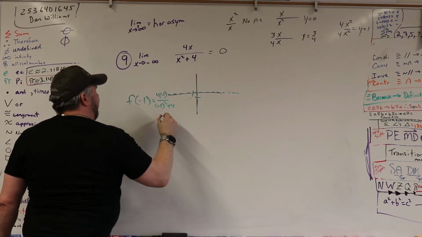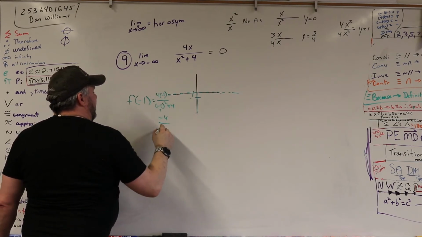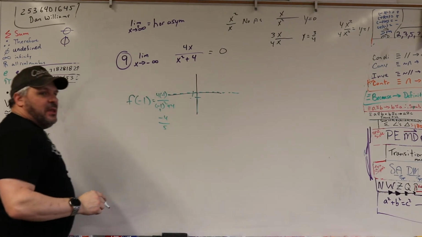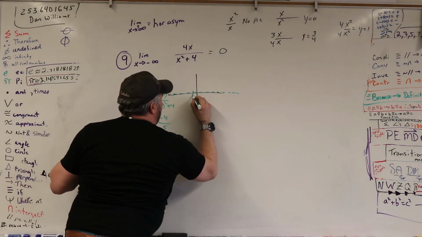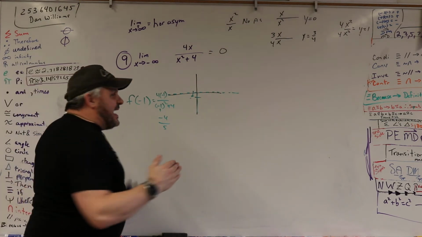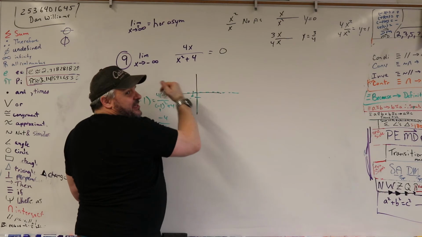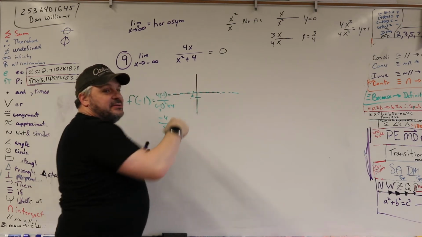That's negative 4 over 1 plus 4, which is 5. So that's negative 4/5, really close to 1, so it's right around there. My belief is that as we get further this way, it's going to get closer and closer to this point. Does that make sense?